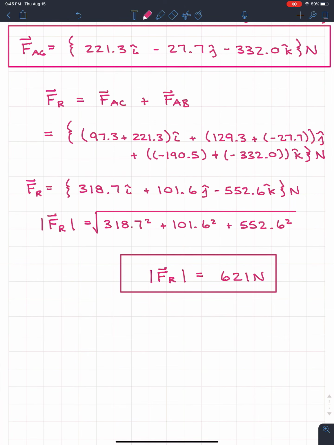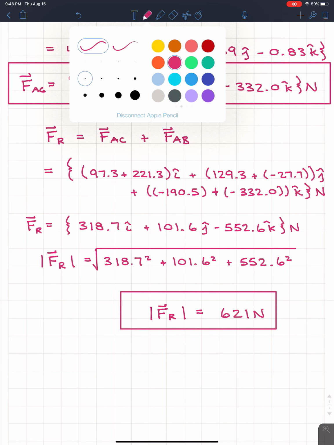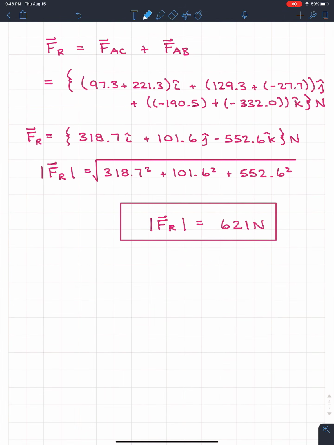Alrighty, so finally, we're going to want to find the coordinate direction angles. And again, this is easy. Let's find another fun color. I'm not sure how much fun this is, but we'll find out. Cosine of alpha is going to be equal to fx, so the x component, divided by the total magnitude of f.